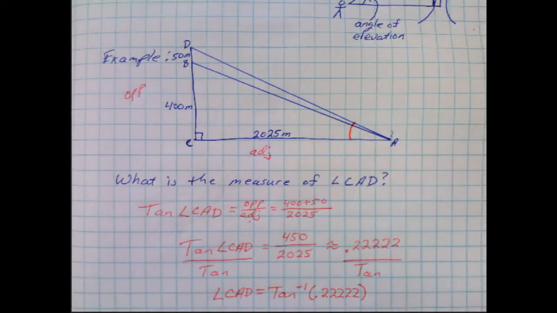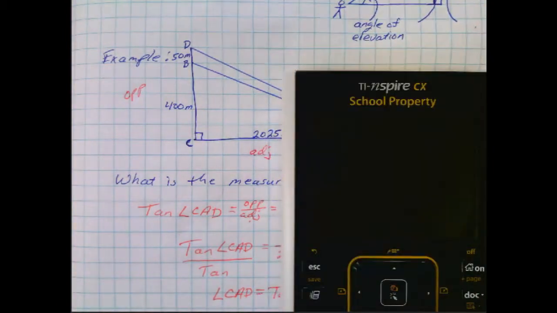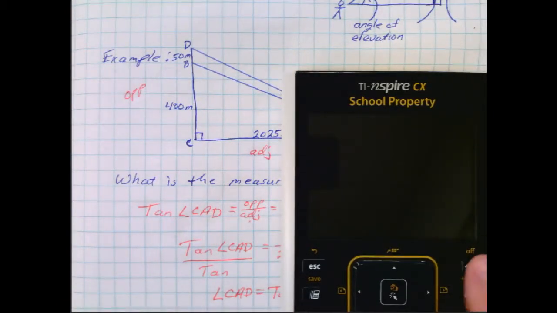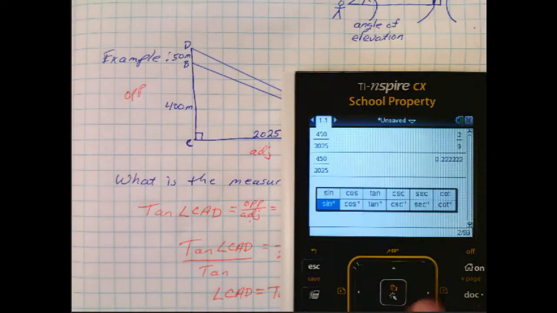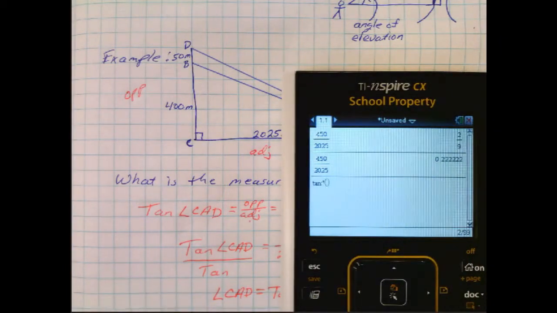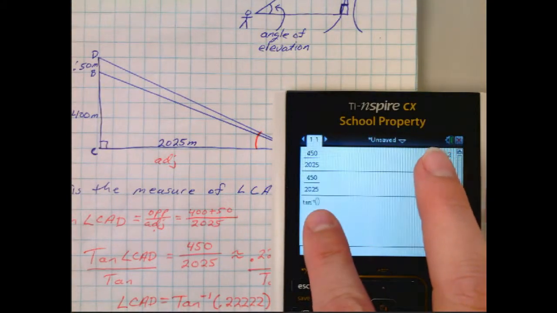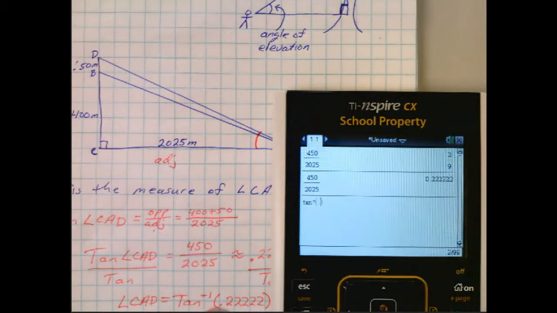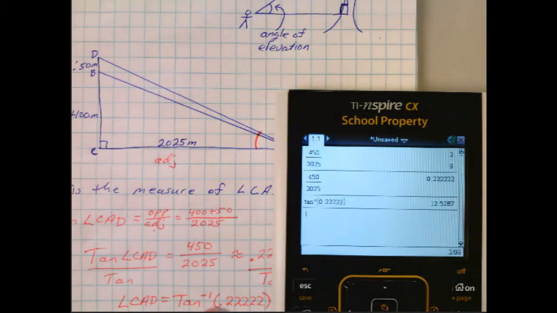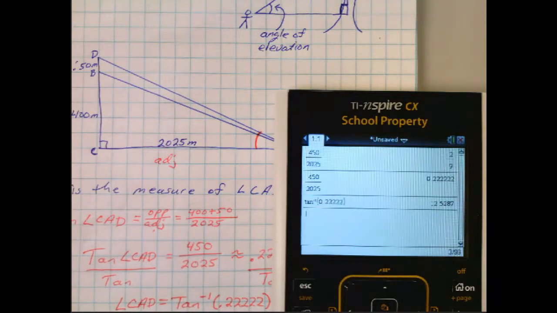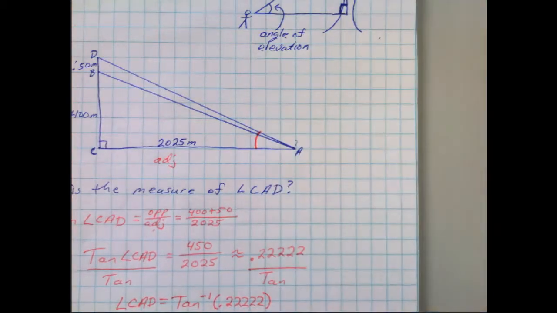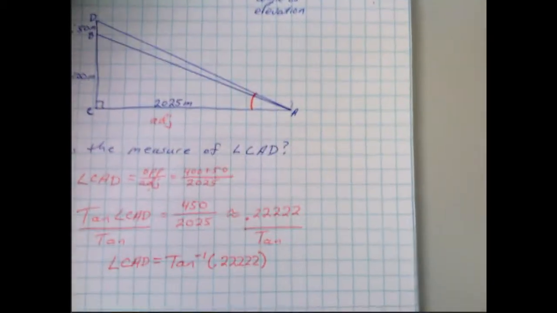Typing it in to our calculator, apologize there, it went black on me. We're hitting the inverse tangent. Scoot that over so you can see it. The inverse tangent, that's tangent to the -1, and then we're hitting 0.22222 and enter, and we end up with 12.5287, and we're going to go to the nearest tenth, so that would be 12.5.